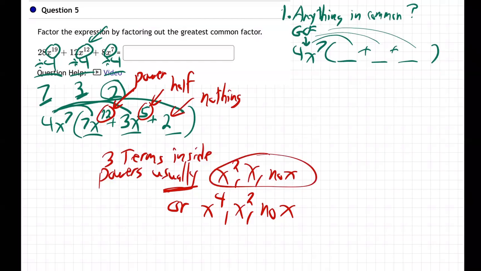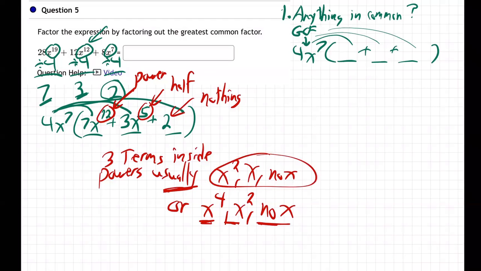We might get one that's x to the 4th, x squared, no x, but almost always at this level, where we're just getting used to factoring, just look for x squared, x, no x. So if you're doing a problem and the three terms, take out a GCF, and then the three terms inside have x squared, x to the first, and then no x at all, then you can go further and do another step with the two parentheses.